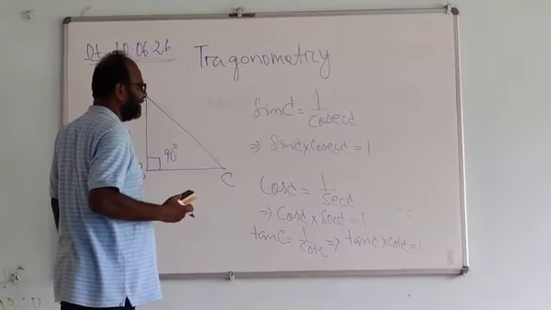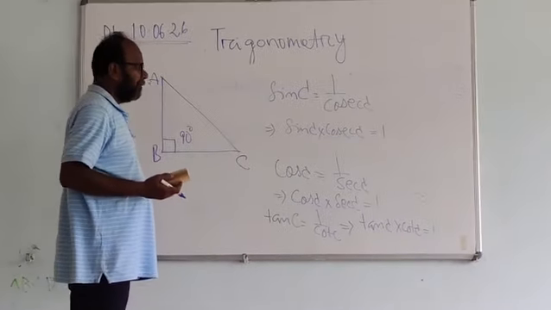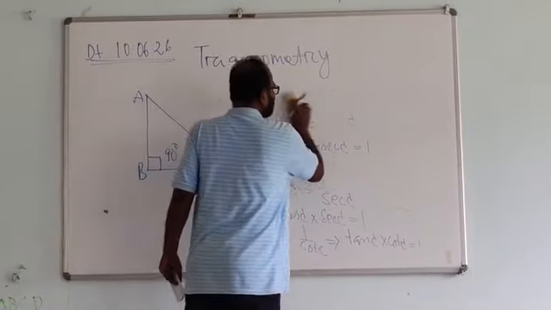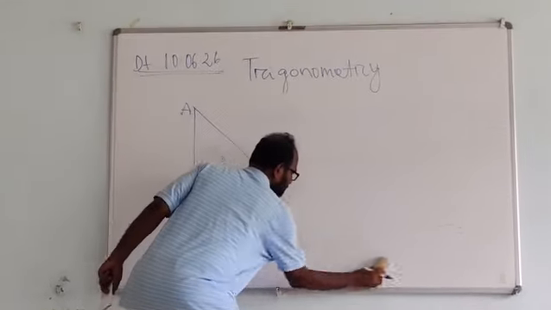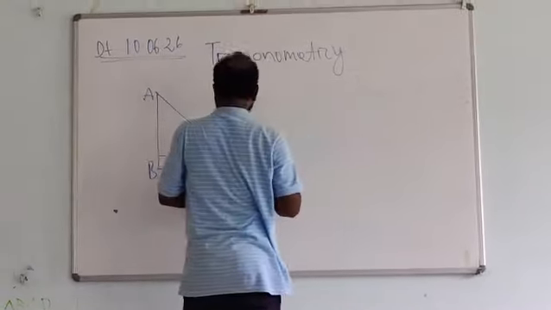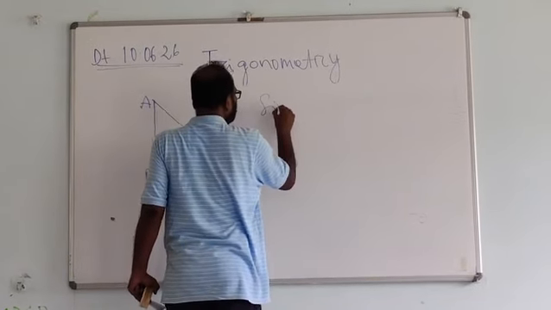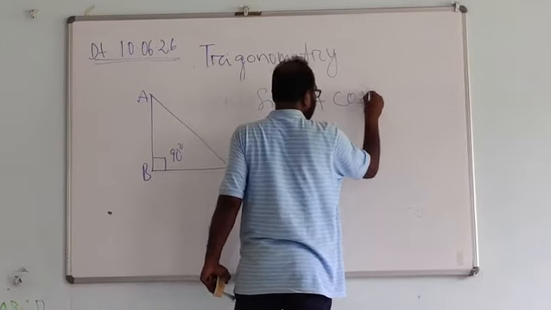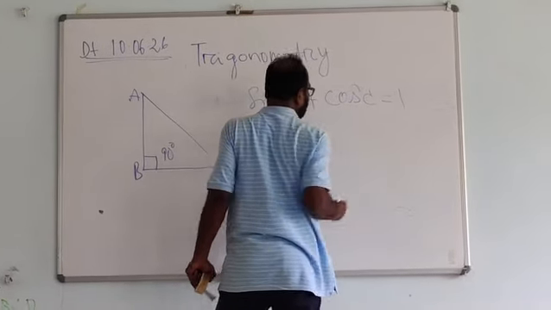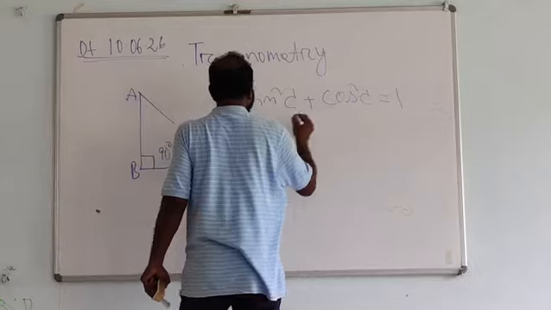Now we will derive three identities of trigonometry. So sin square C plus cos square C is equal to 1. We have to prove this. So this is one identity.